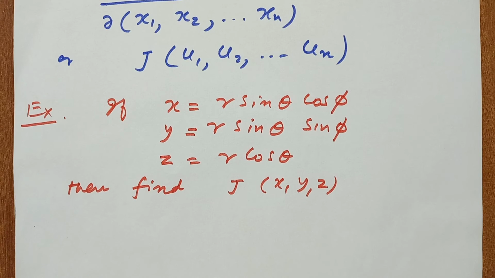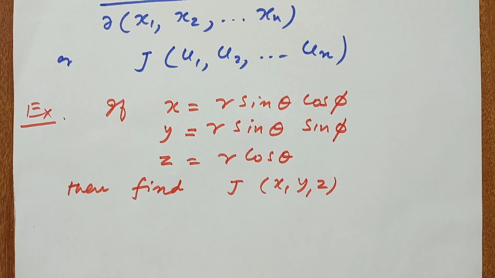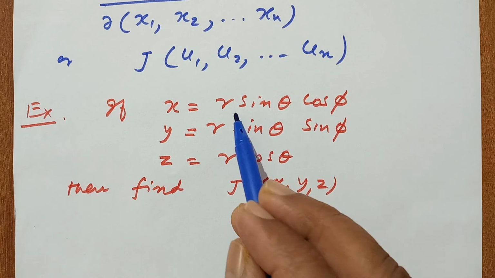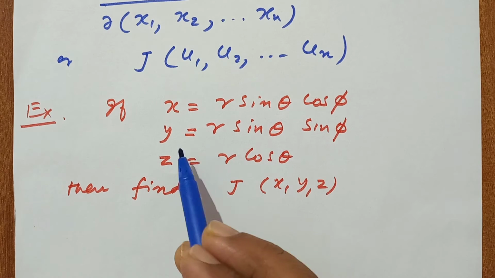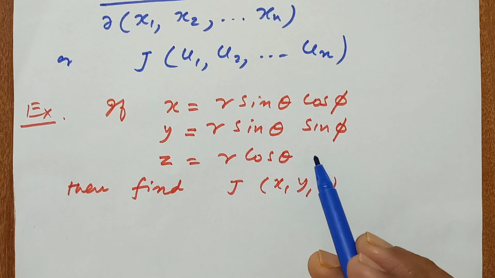Now, an example: the Jacobian of x, y, z with respect to r, theta and phi. This is an example of functions of three independent variables. Here x is a function of r, theta, phi, y is a function of r, theta, phi, and z is a function of r, theta, phi.